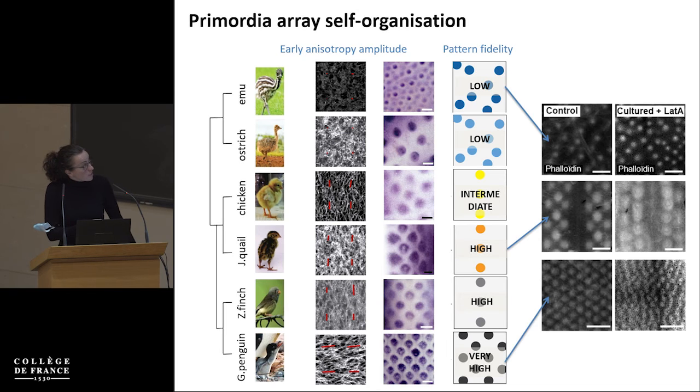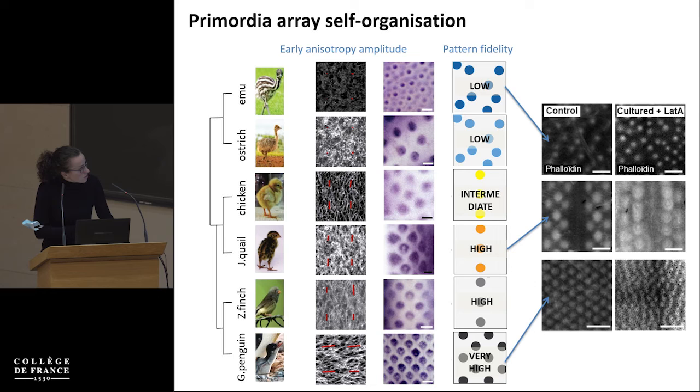And we confirmed this link by doing functional tests. So in the lab, we're able to dissect out the skin of the embryo and culture it for a few days. We start when the skin is naive, and then we end up getting the actual primordia pattern. And we can do that in all the species. Here you have a cultured skin of an emu, here of a quail, and here of a Gen 2 penguin.